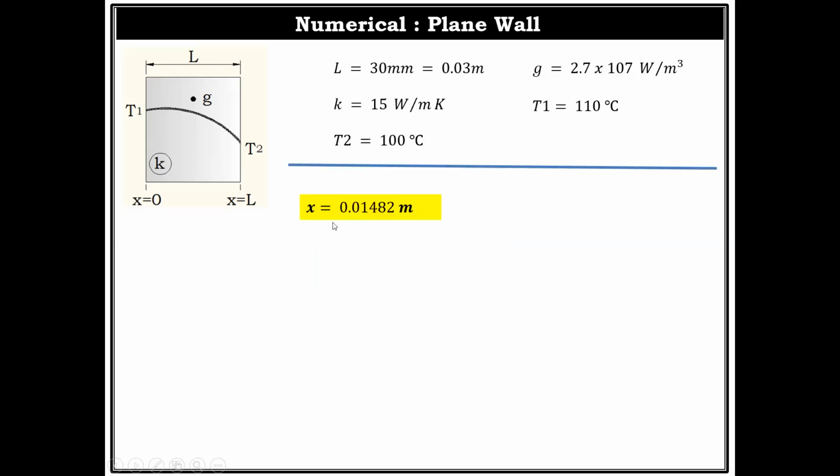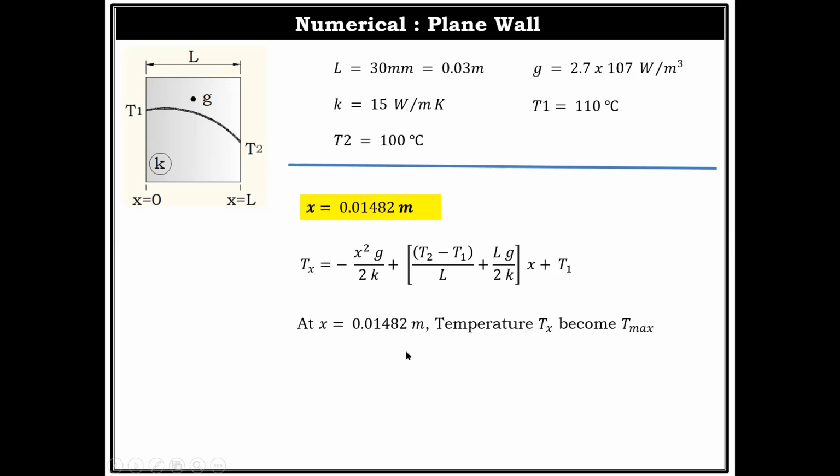Now we know x is equal to this value where T max is available. So if I put the value of x in our general formula, then T is equal to T max. So at this particular x, 0.01482 meter, the temperature becomes T max.